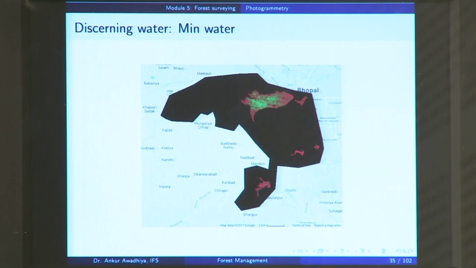So, there was no year in which this portion did not have any water. So, we are making use of these aerial photographs or satellite photographs to construct these kinds of maps which give us thematic information.